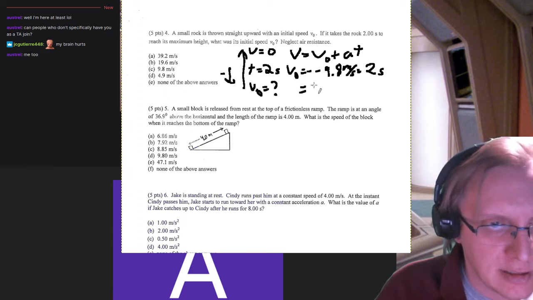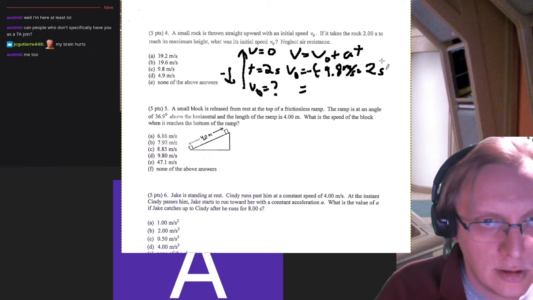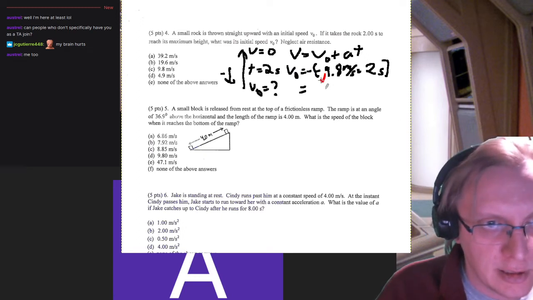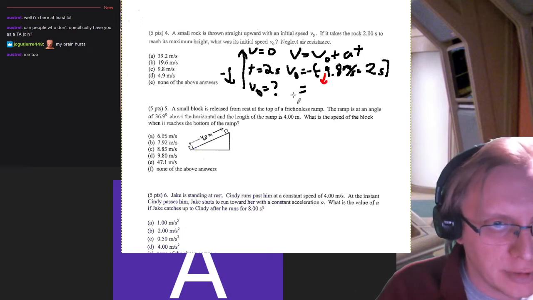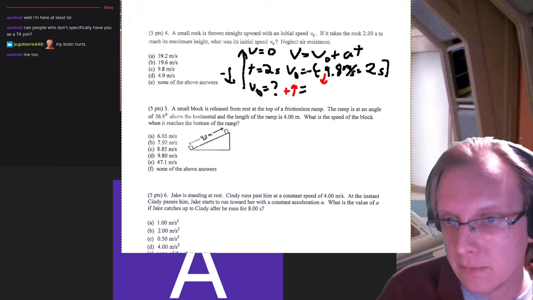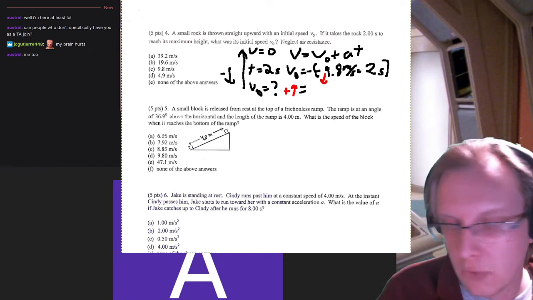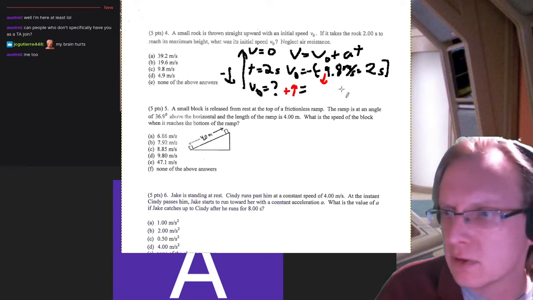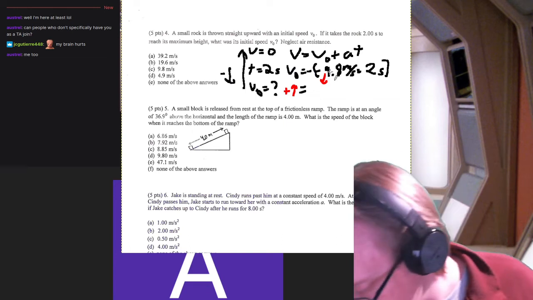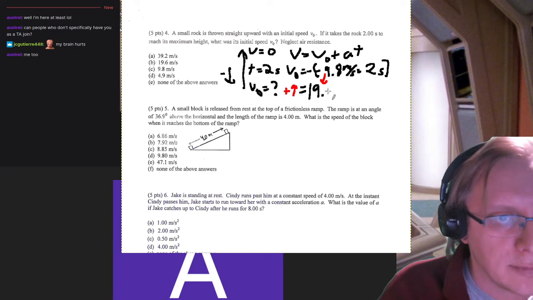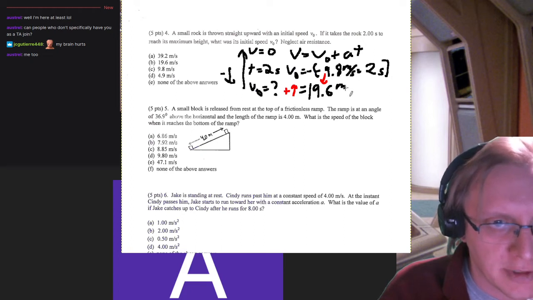So minus times minus. 9.8 times 2 should be 18 point something. 9.8 times 2 is 19.6. 19.6 meters, and then we have the seconds here, cancel the seconds there.